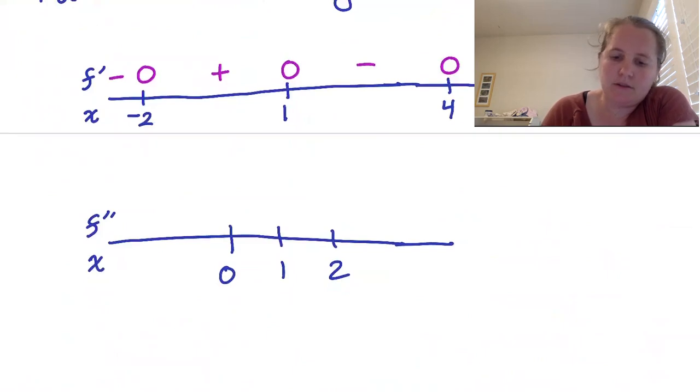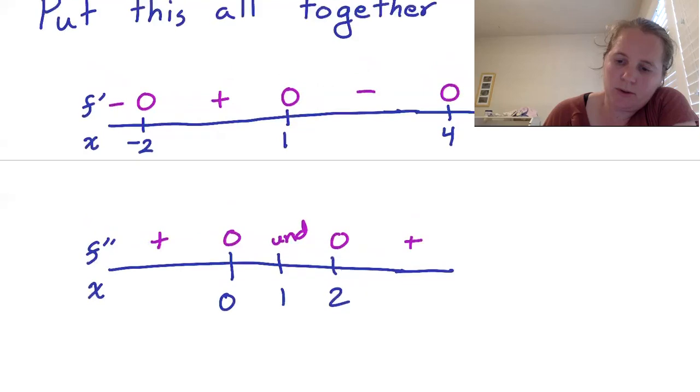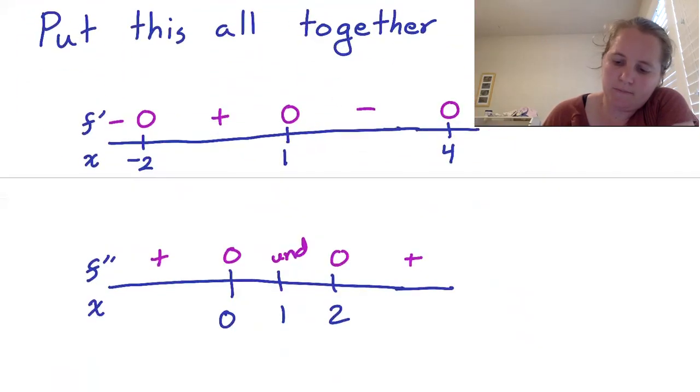The second derivative, we were 0, undefined, and then 0 at our points of interest. We were positive on the outsides, if I remember correctly. Yeah, and negative on the inside.